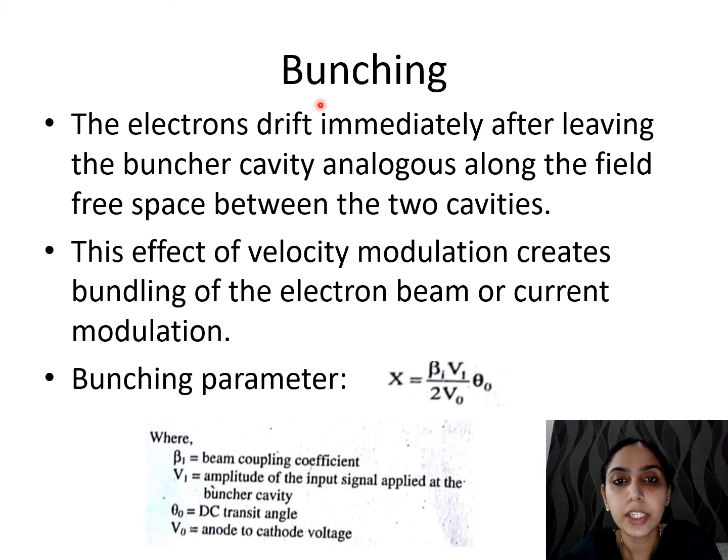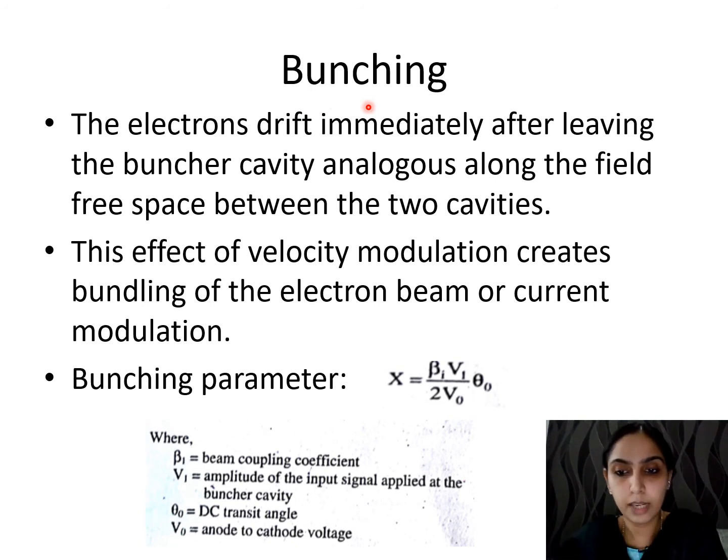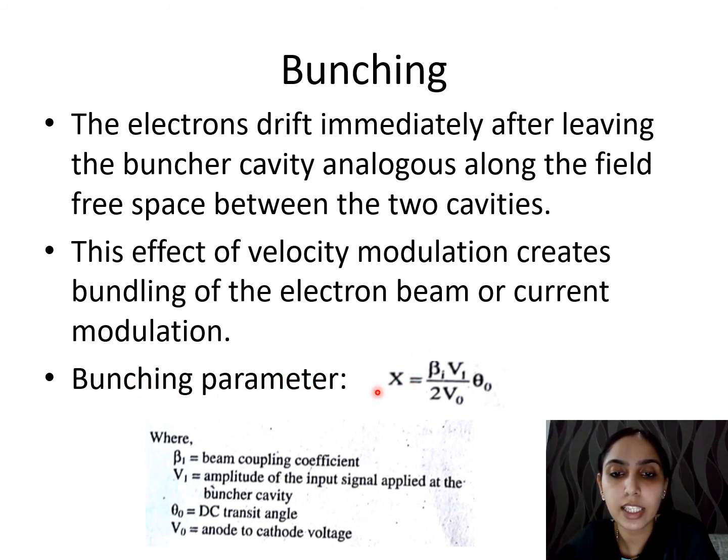So we know that bunching of electrons takes place between the two cavities. That is what is written here, and we also have to see a very important parameter, the bunching parameter denoted by capital X in a two-cavity klystron. The electrons drift immediately after leaving the buncher cavity along the field-free space between the two cavities.